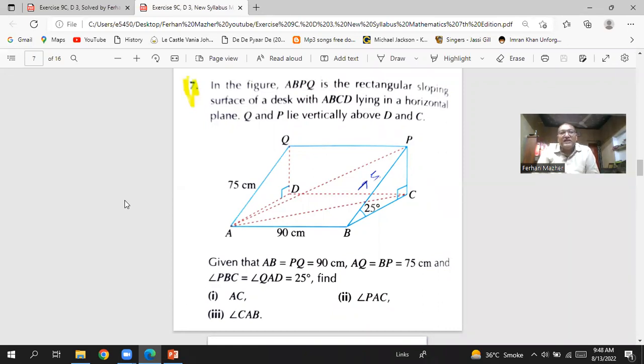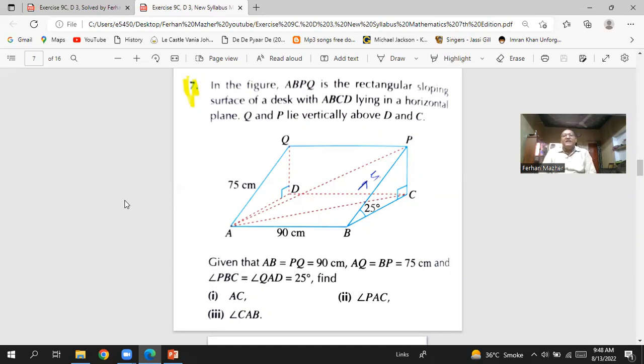ABCD is the base of that ramp, which is horizontal, and the inclined surface ABPQ is the rectangular surface of the ramp. P is vertically above C and Q is vertically above D. So you can consider it a ramp.